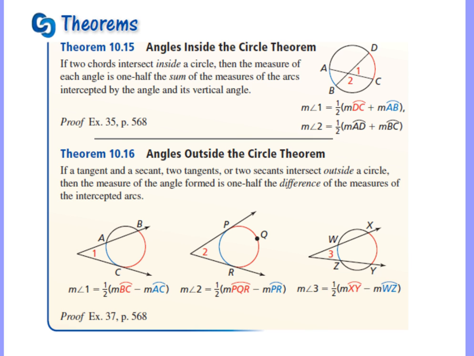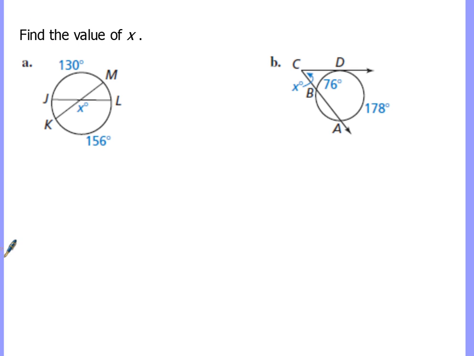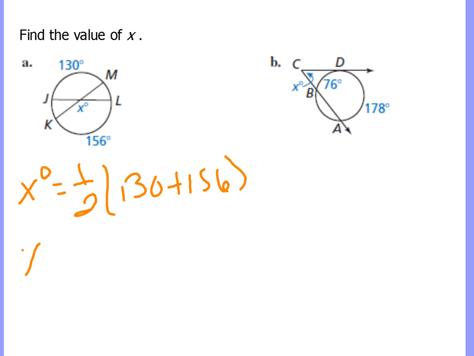Let's take a look at a pretty basic example here utilizing our part A. So in this case, the measure of angle X, so X degrees, is going to be 1/2 of the sum of its two quote-unquote vertical arcs. So it would be 1/2 of the sum of 130 plus 156.